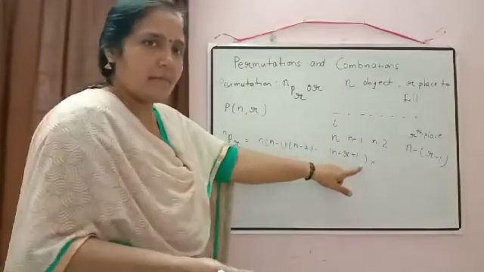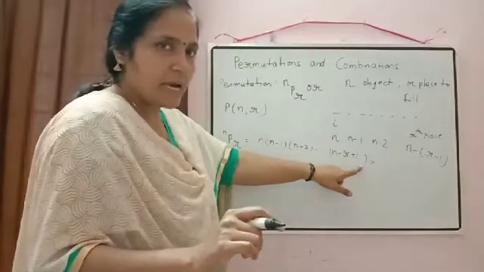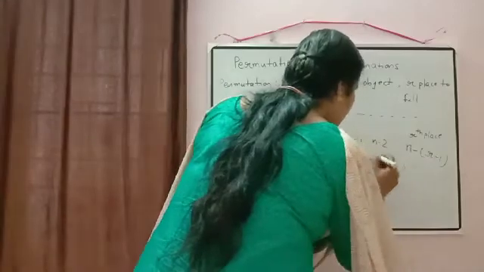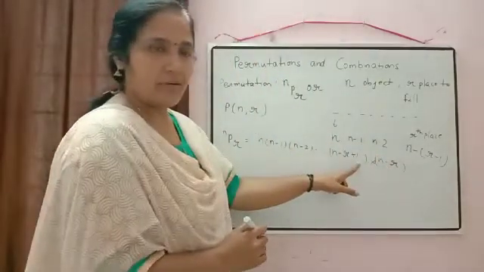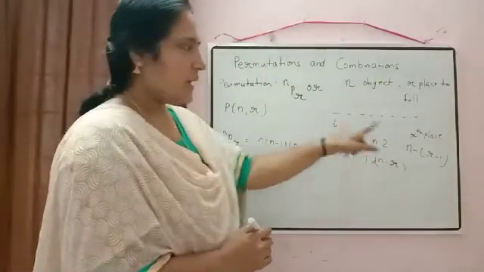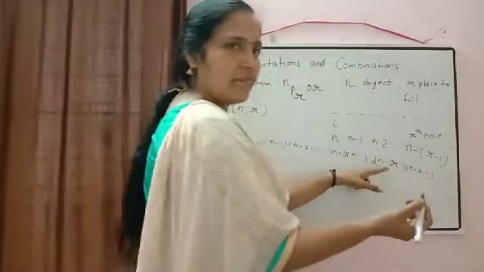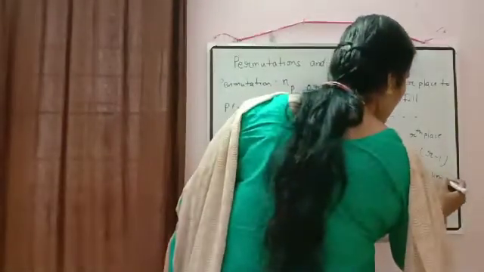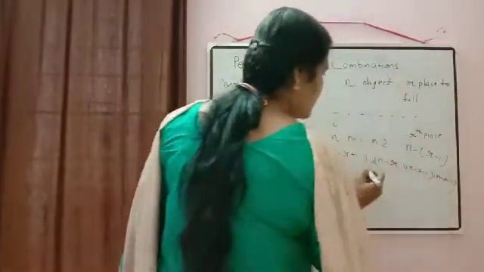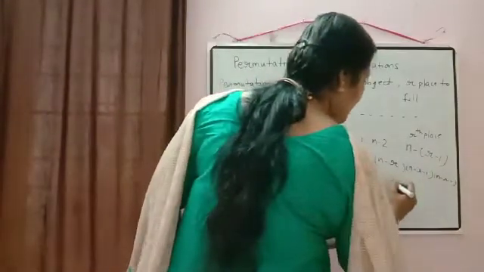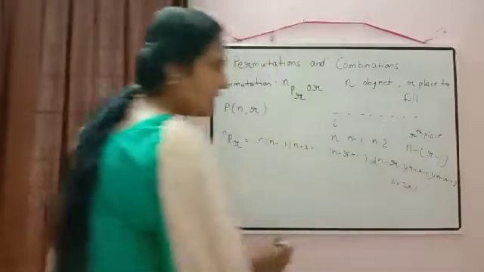What will be the next number? Obviously we have to subtract 1. So the next number will be n minus r. Correct? Subtracted 1 from this one. Now again if I subtract, what will come here? n minus r minus 1. Again if I subtract, what will come here? n minus r minus 2.